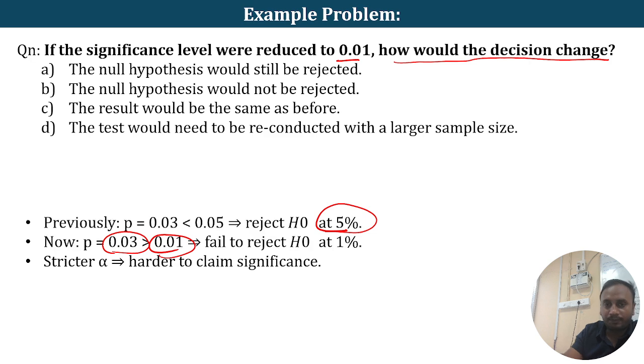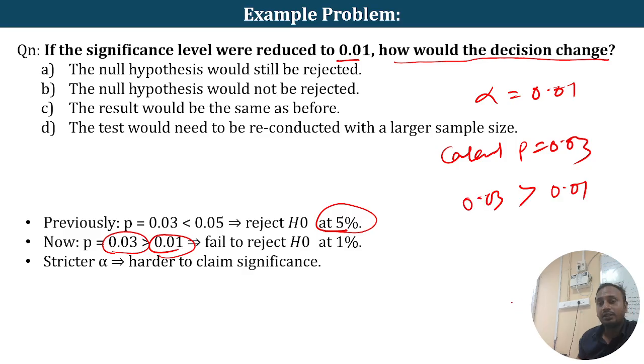Now our alpha becomes 0.01, but the calculated p is still 0.03. So 0.03 is greater than 0.01, and in that case we can't reject, we fail to reject.